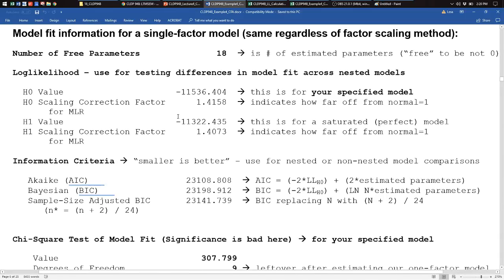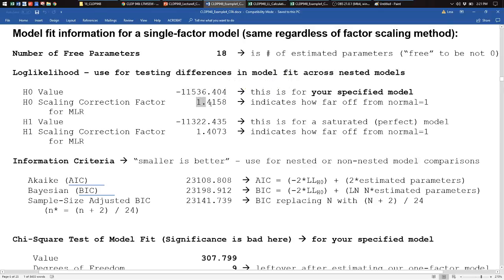Then we get down to the output that we looked at in the slides, where I have additional notes. By the way, this is me being nice. Mplus does not help you understand this. This is why I have a job, because their stuff is not as helpful. This is the sum of the log heights across my sample.